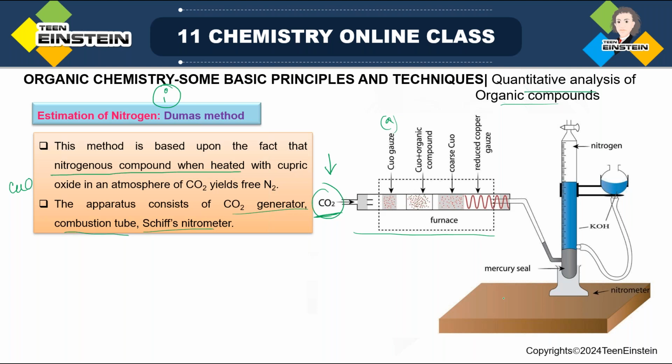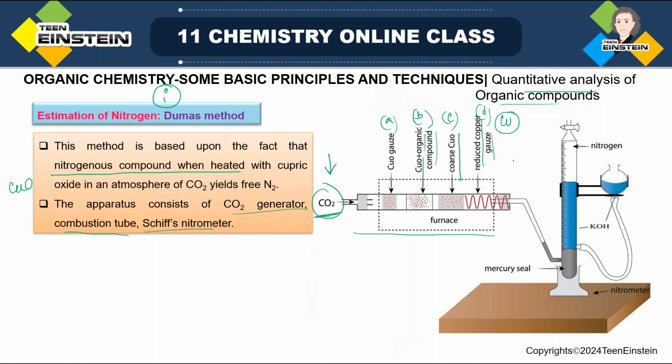Then in the second part B, there is organic compound mixed with CuO, and that is the actual combustion mixture that we are going to use. Then in the third section we have coarse CuO. This will also help to oxidize the organic vapor that will be produced from the organic compound. And in the fourth section D, there is reduced copper gauze.